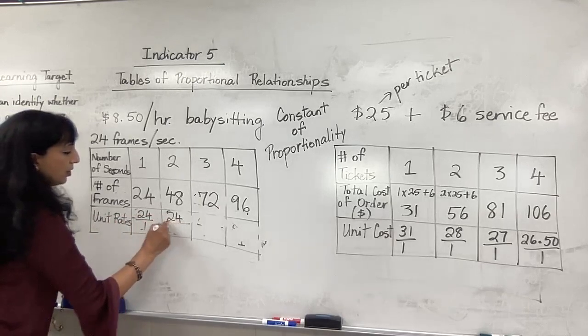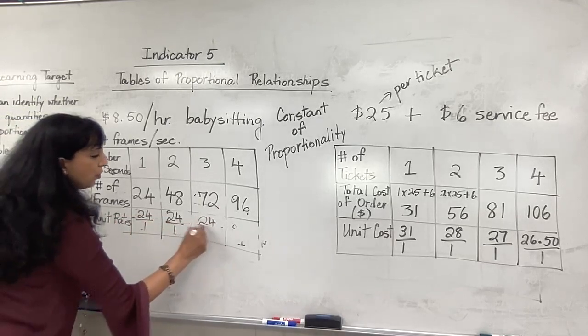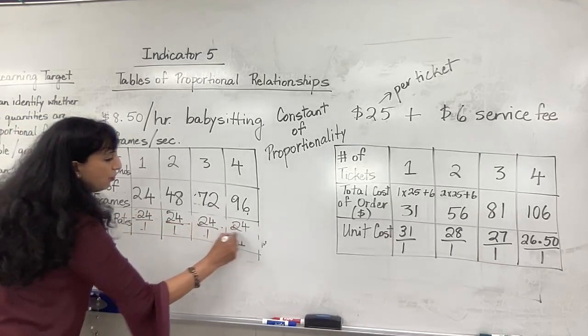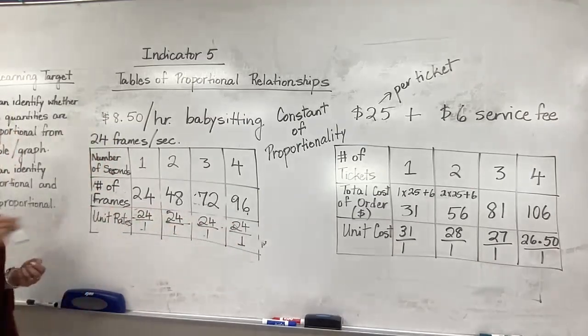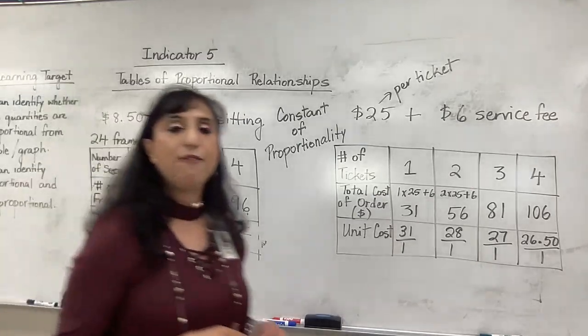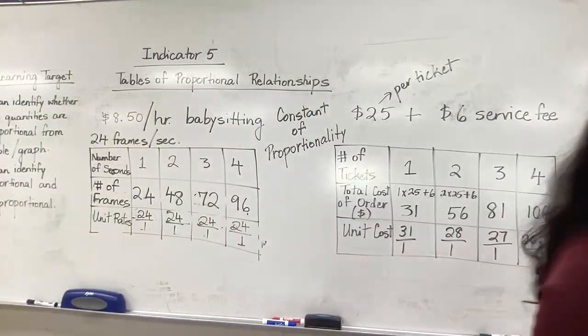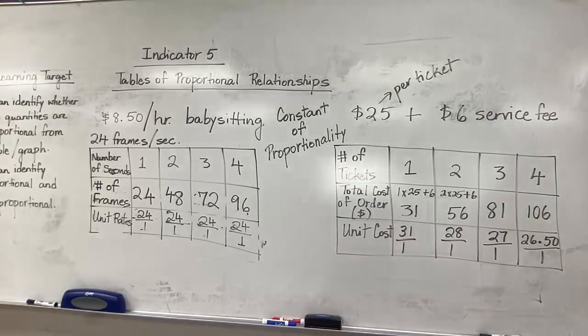So look, 24 over 1, 24 over 1, 24 over 1. What is repeating? It's the 24. So the constant of proportionality here is going to be 24. And then what is the unit rate?